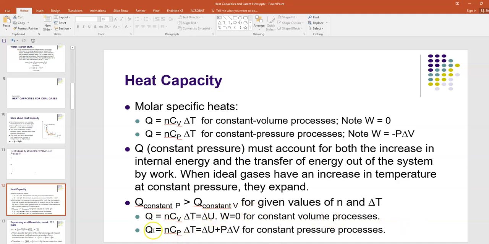But for constant pressure processes, Q equals n C_P ΔT, and that is going to equal the change in the internal energy ΔU plus PΔV, because Q would be equal to ΔU minus the work, and the work is minus PΔV, so minus a minus is a plus. So Q will be equal to ΔU plus PΔV for constant pressure processes.